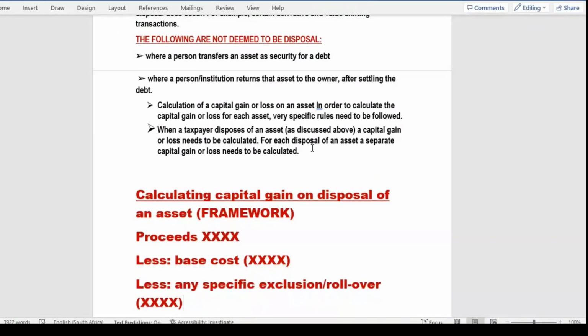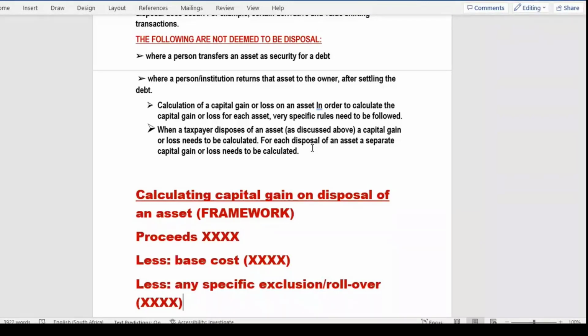This is explained in this way. Let's say you've got multiple assets that you are disposing of. All you do is calculate the gain or loss on the disposal of each and every individual asset. And then as soon as you are done with that, you combine them together. We call that an aggregate capital gain or aggregate capital loss.